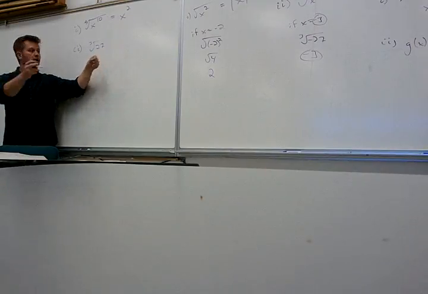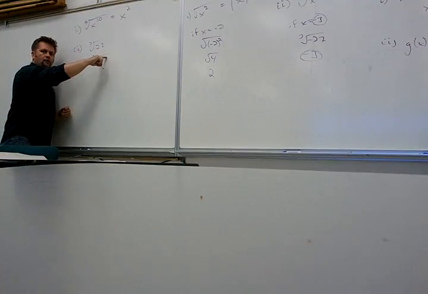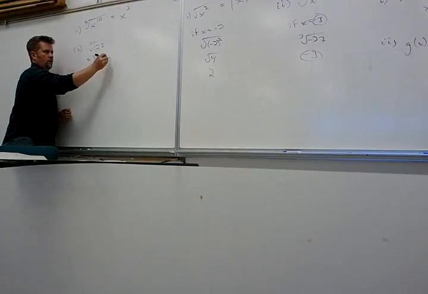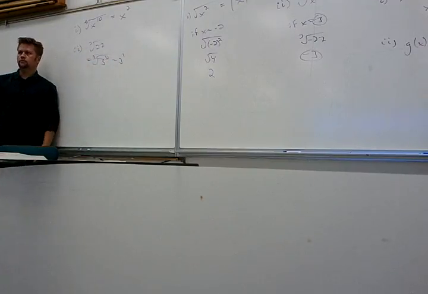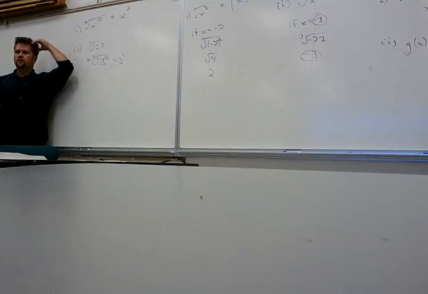It's 3. Now, if I write 27 as a number to a power, it's 3 cubed, and 3 goes into 3 once. And that's the answer. So if it's written in power form, the shortcut is take the root, divide it into the power.